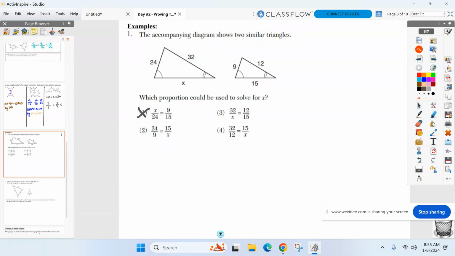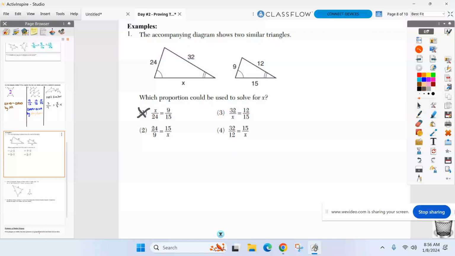Let's go to 2. 24 and 9. Instead, now they're going to match up the sides right away. Does 24 and 9 match up? Yeah. Does 15 and X match up? Yeah, but this is not a right proportion. Anybody see why? I know the sides match up, but there is still a problem.